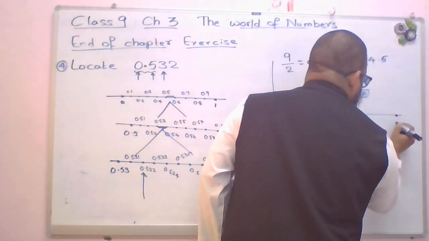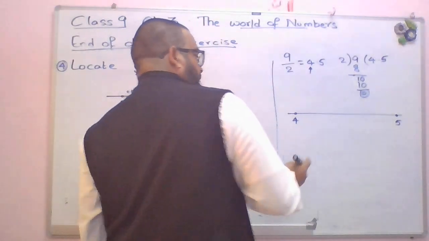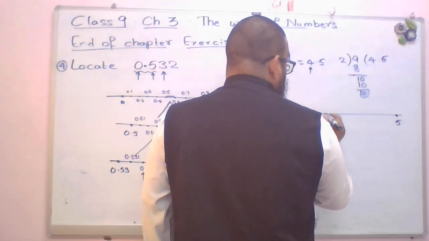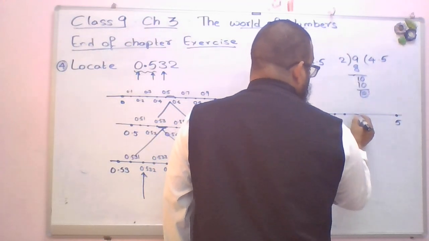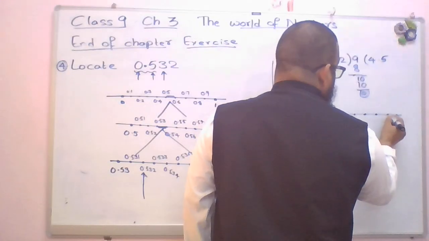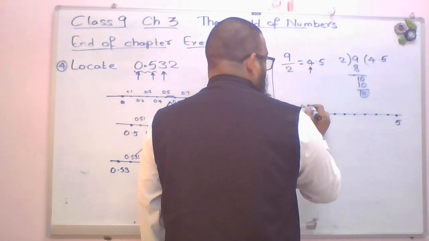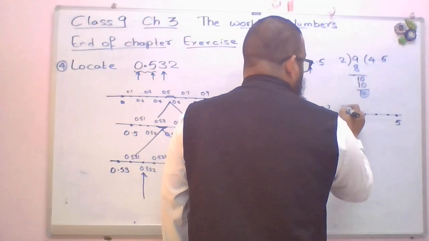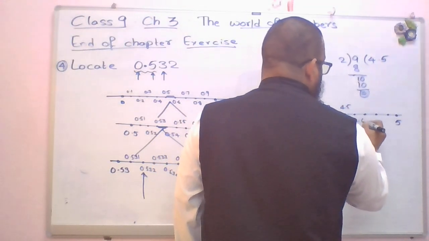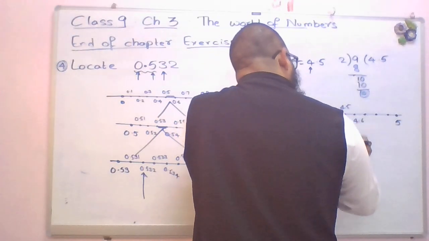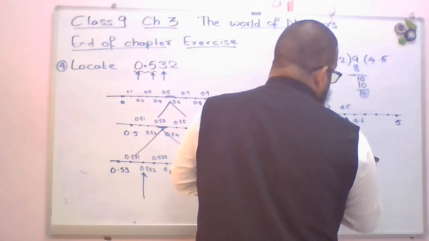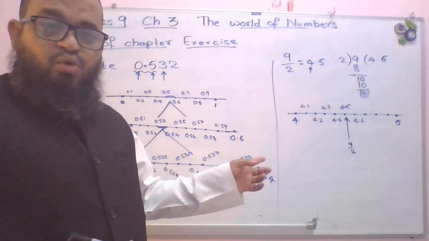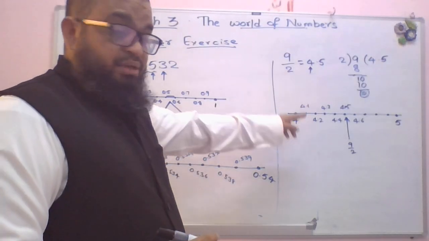So let us take 4 and 5. Since these are in decimals, let us divide it into 10 decimal parts. So it becomes 4.1, 4.2, 4.3, 4.4, 4.5, 4.6 and so on. We wanted 4.5, so this is 9 by 2 or 4.5. This is how we represent decimals.